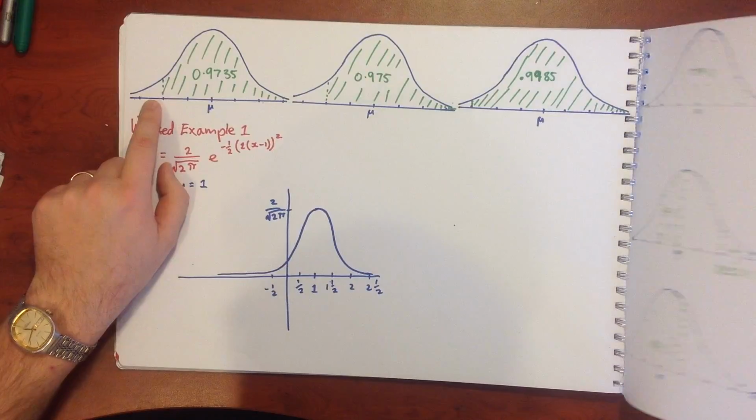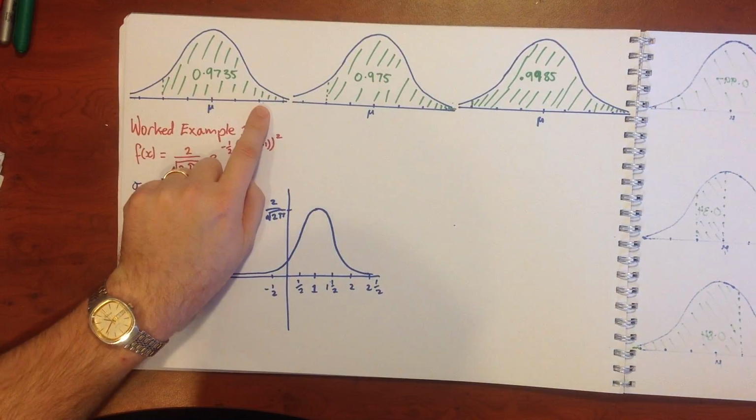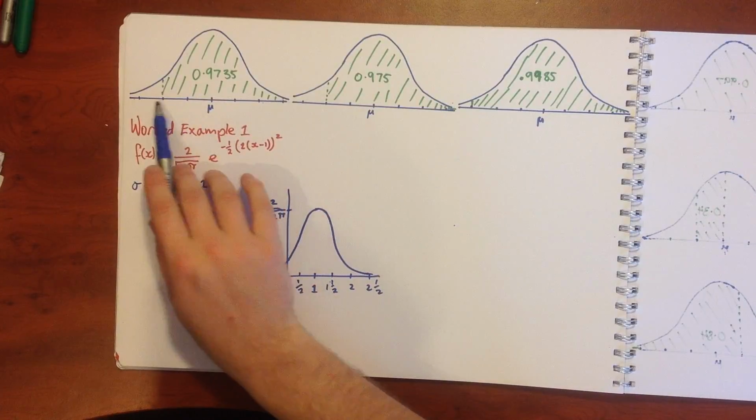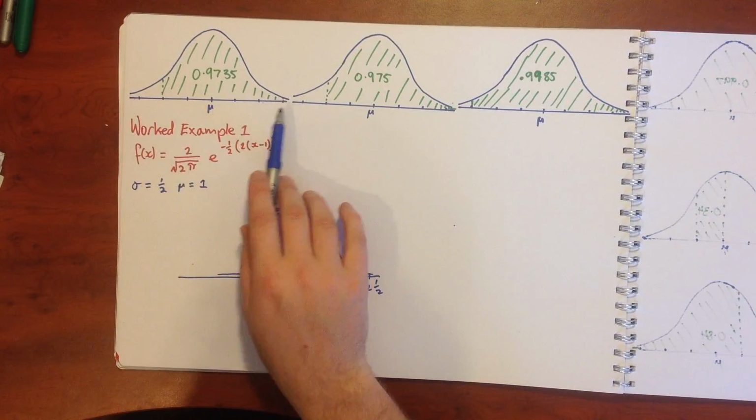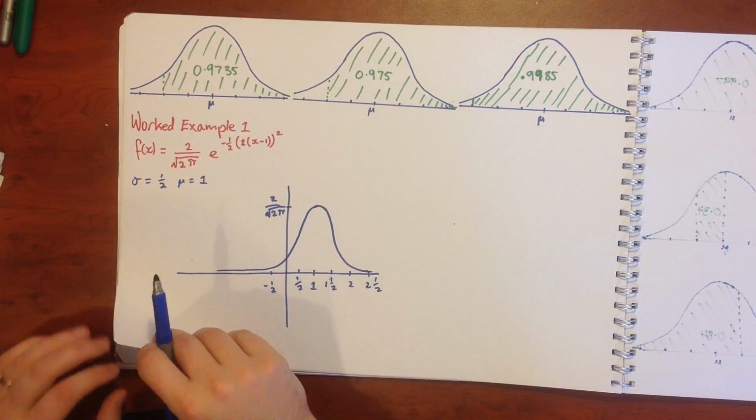I'm not seeing our 2 in the pictures, but essentially it's the opposite of this. We want below 2 standard deviations, and we know what above 2 standard deviations is: 0.9735, so we can just do 1 minus that.